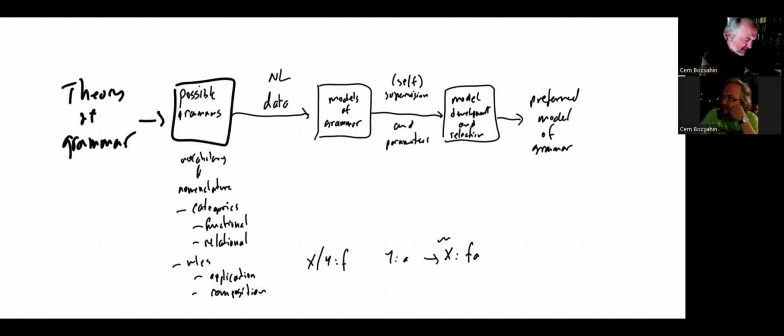So these are syntax parts of the category, and this is the semantics. So you can see that essentially semantics is driven by having the semantics follow syntax. So if syntax applies, then semantics apply. If syntax composes, then semantics compose.